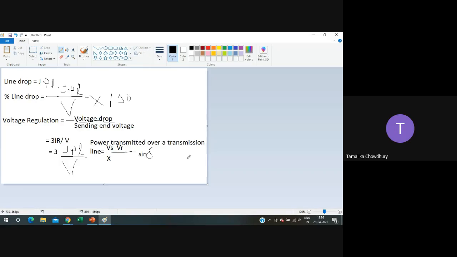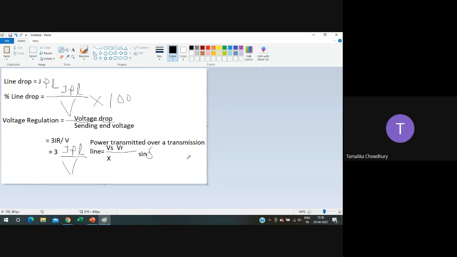Now you will ask me what is delta. Delta is the swinging angle, or the angle between Vs and Vr, we can say. This is just a formula which you will be studying later. Just this much you need to know, because we need to demonstrate the power handling capacity.